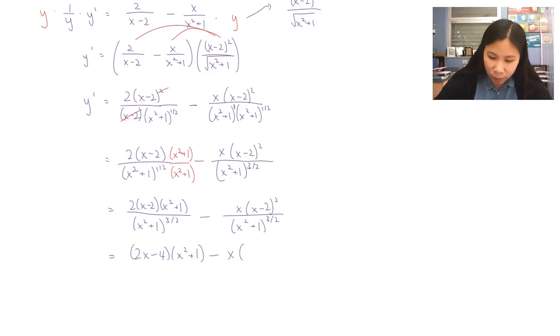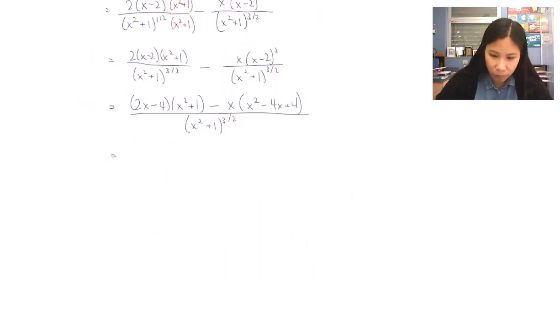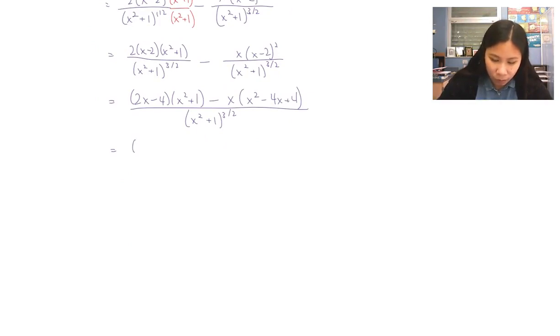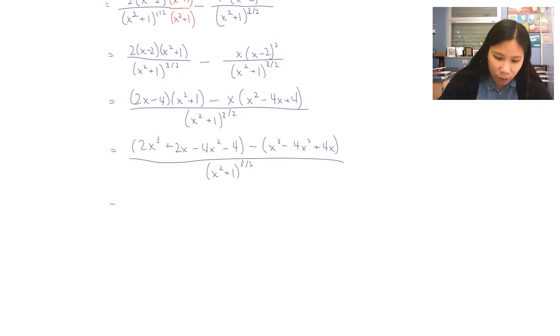And then I'm going to FOIL out my x minus 2 squared first before I multiply by the x. And then lastly, of course, we need to distribute our negative signs.